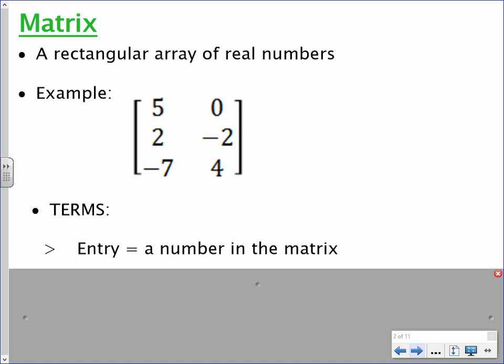And then we like to describe the size of our matrix, okay? And that is called the order.